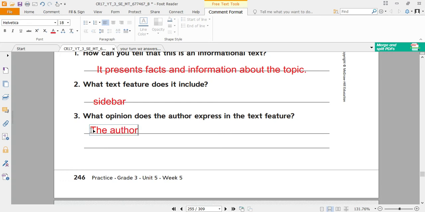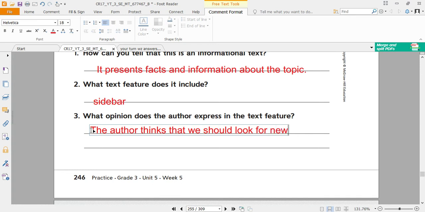The author thinks that we should look for what, grade 3?